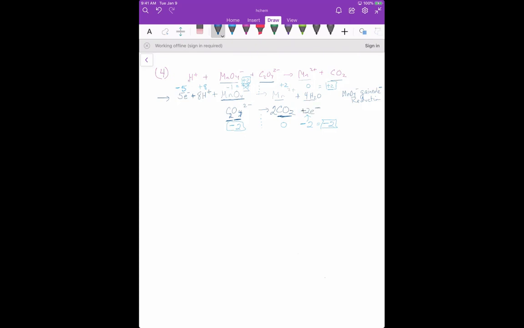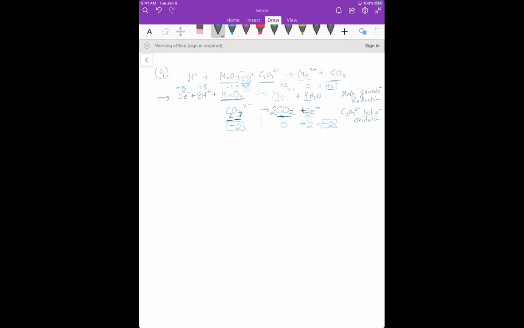Okay, so we're adding 2 electrons. So that means that we have the C2O4 2- has changed into 2 CO2s, and in that process, 2 electrons are lost. So that means the C2O4, that oxalate ion, has lost electrons, and therefore the process is oxidation.